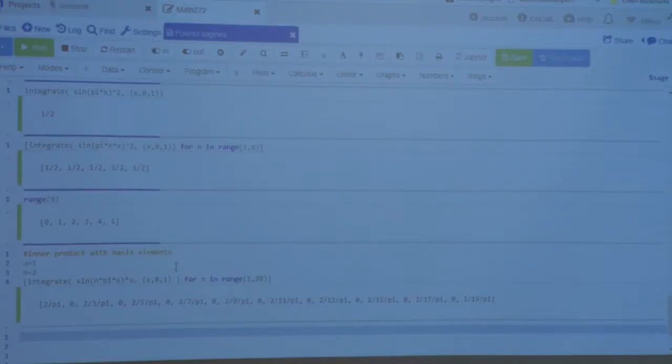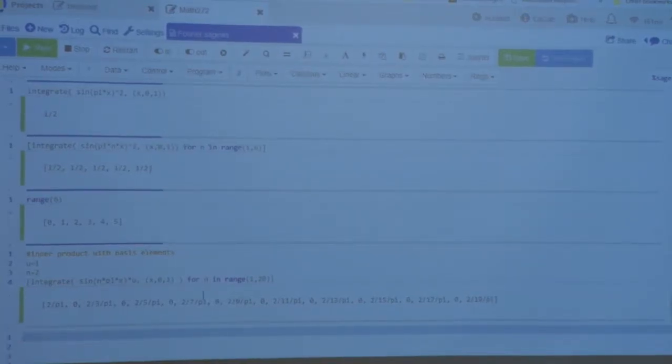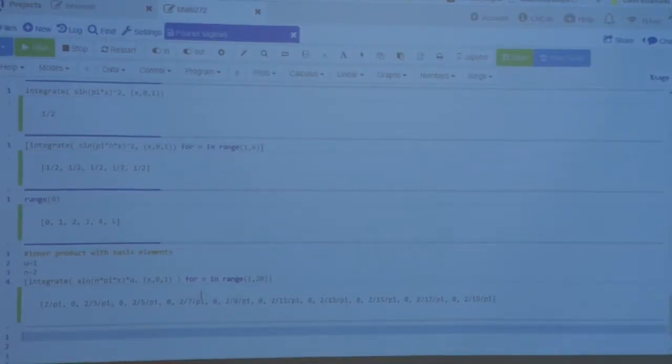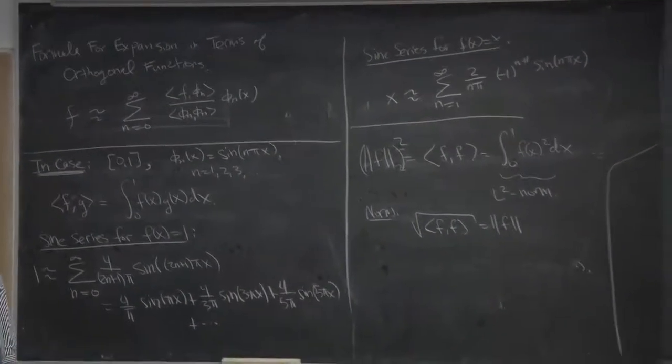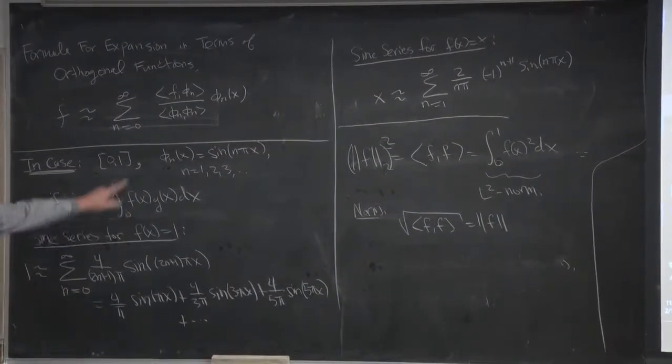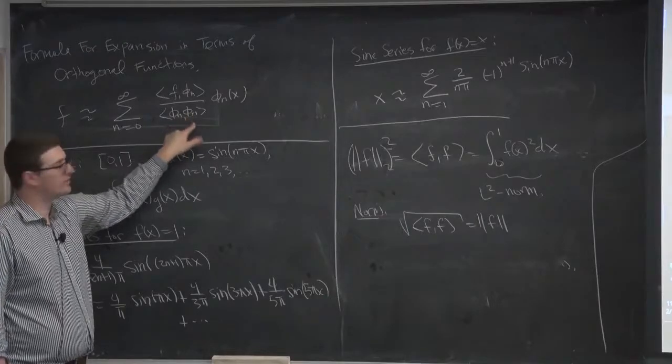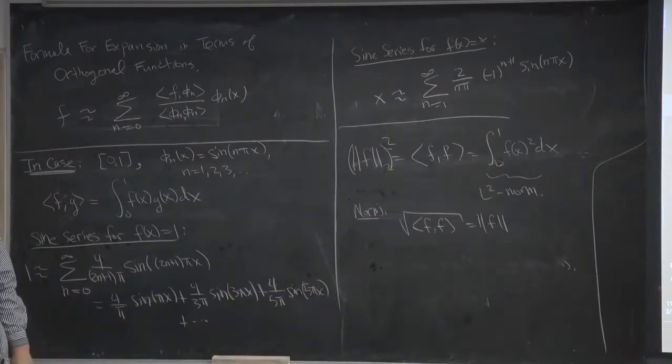So we're getting these coefficients. These almost match up with these coefficients, but what's missing? There's a factor of 2 missing. Where does that factor of 2 come from? We have these things that are all 1/2, 1/2, 1/2.